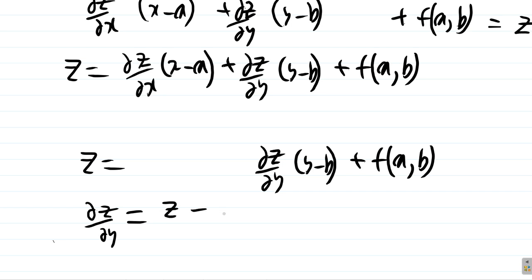You would get z minus f(a, b), which is a change in z, divided by y minus b. So here you can see we have ∂z/∂y, change in z over change in y: z minus a specified z, over y minus b, which is a change in y, alright? So you see that part there.